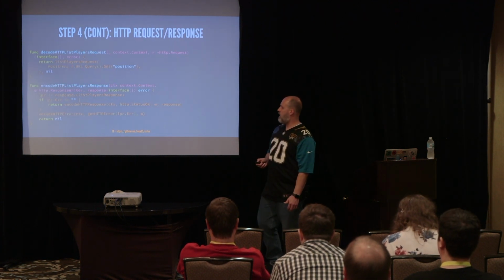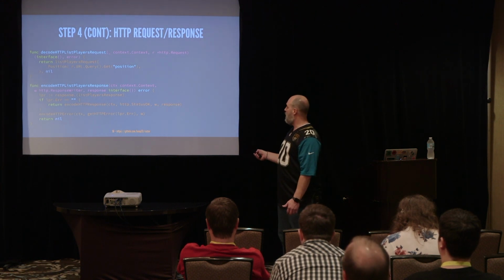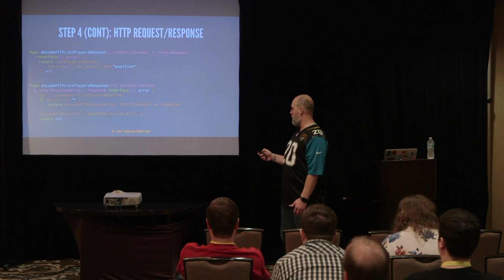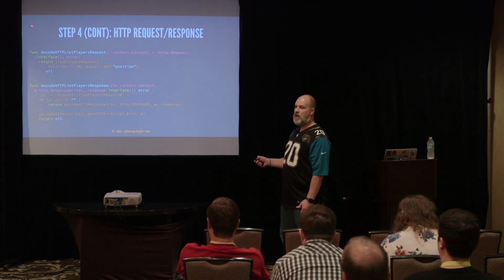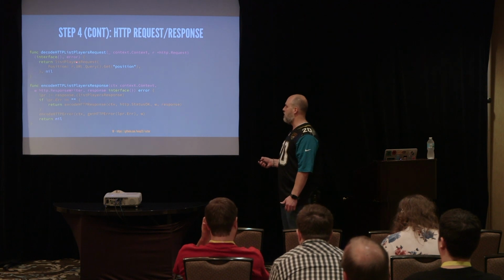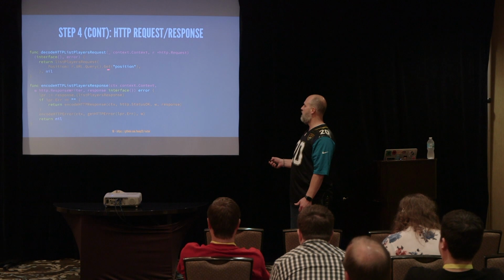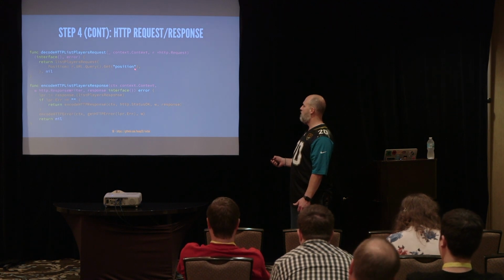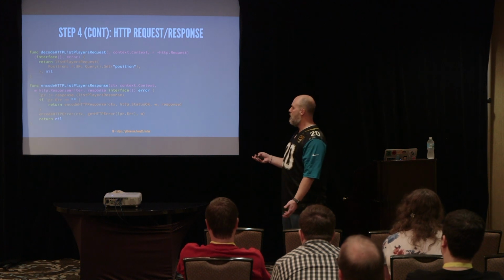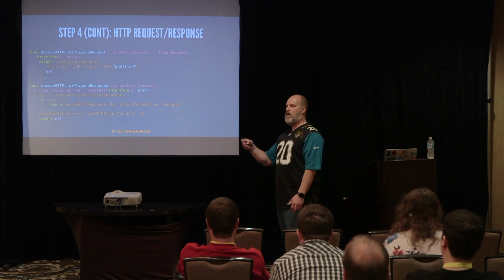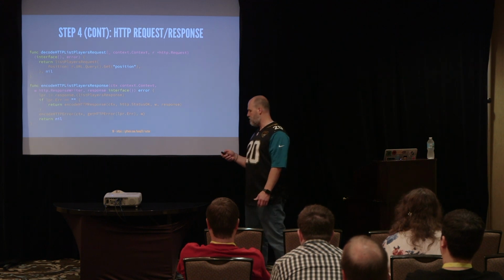Well, what do these look like? Well, we already know what our endpoint looks like, but how do we decode an HTTP request into a request that our endpoint knows about? Well, we just look at the query string and we get any value in the position variable. So that way somebody can say, call our HTTP server question mark position equals whatever.